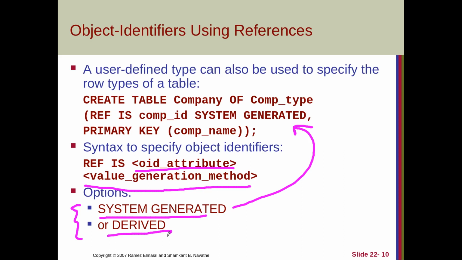Derived means it can be derived from some other value that is already present in the table. So there are two mechanisms for value generation method in the table creation. I hope it is clear.